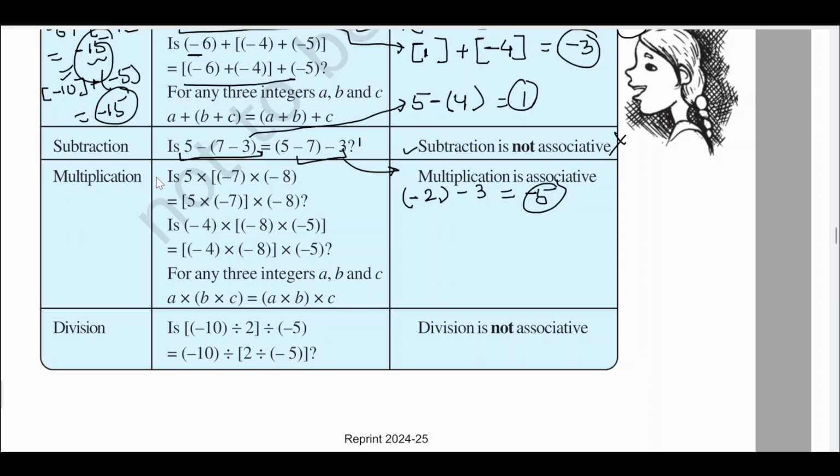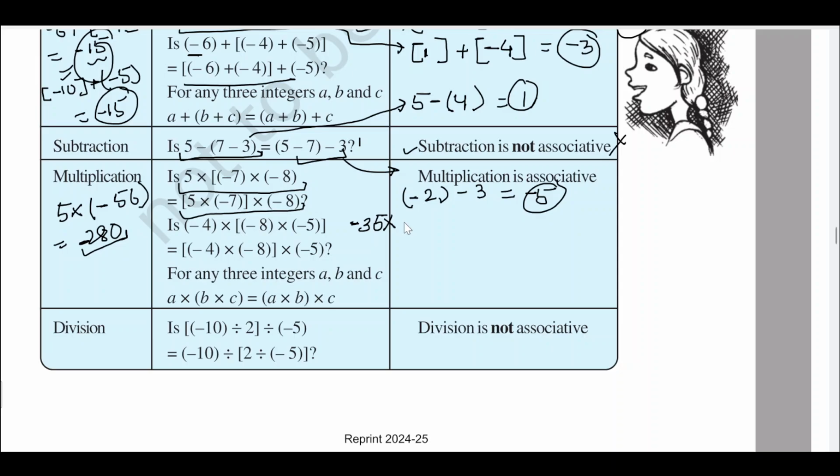Now we will check for multiplication. The LHS side we will solve 5 into, inside bracket we will get minus 7 into minus 8, that is 56. Now 5 into 56 is 280. Now RHS side, first we will multiply 5 into minus 7, that is minus 35.